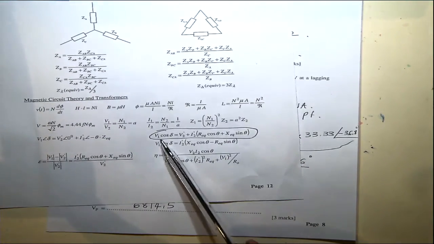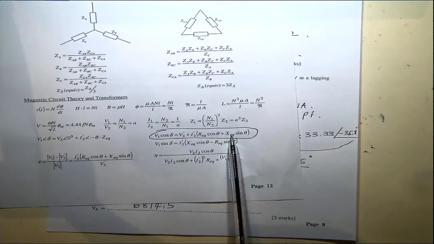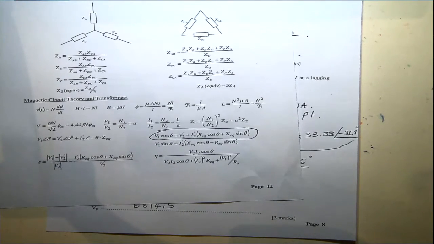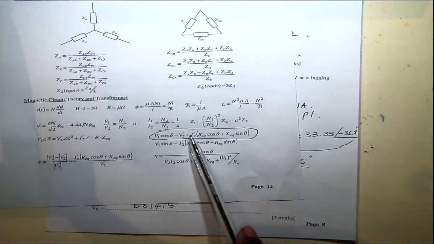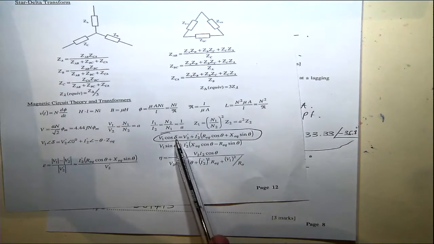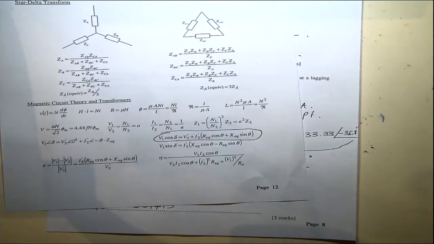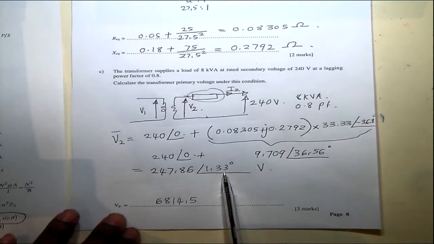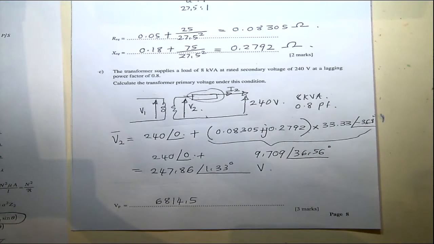That's V1 cos delta. This is a scalar equation. What we did was a phasor addition. So if you use this one, you can assume delta is really small. So if you look at this one, it's 1.33. So cos 1.33 would be close to 0.999 or something like that.